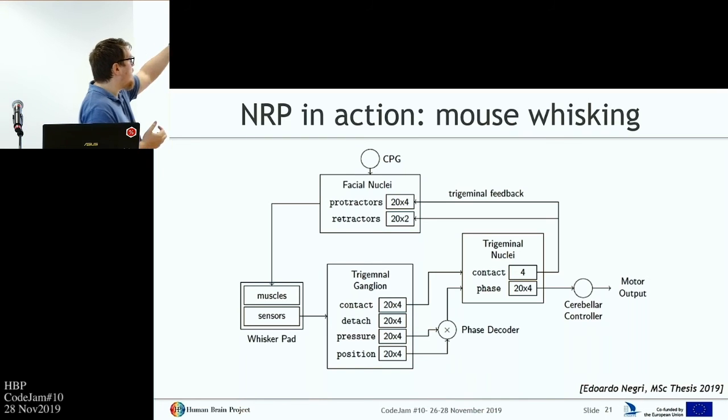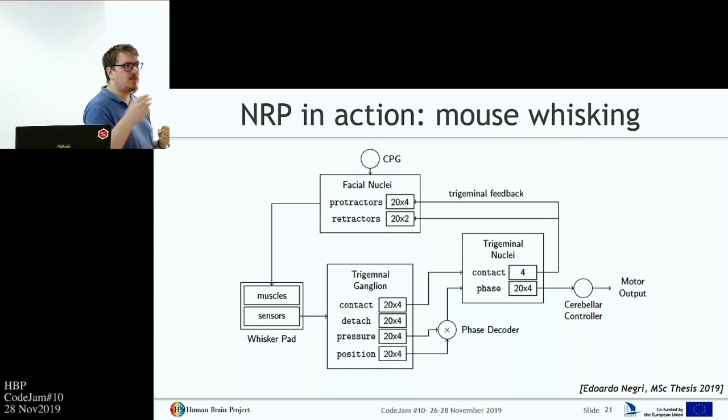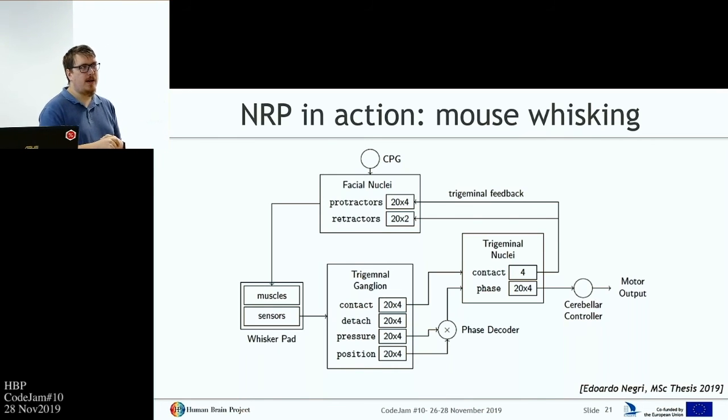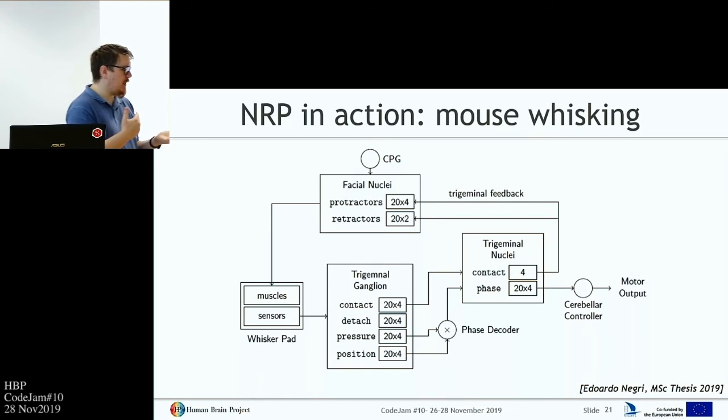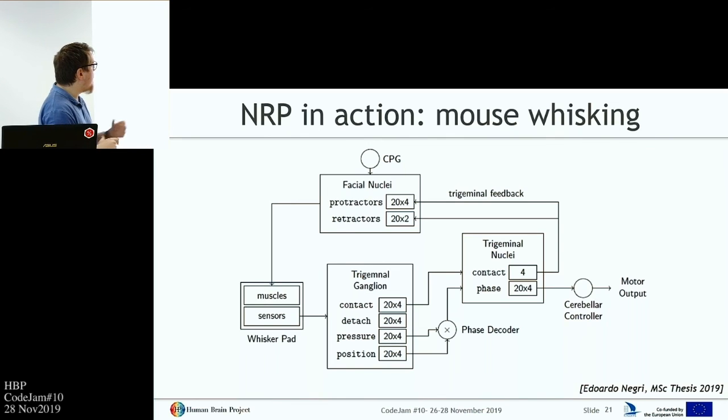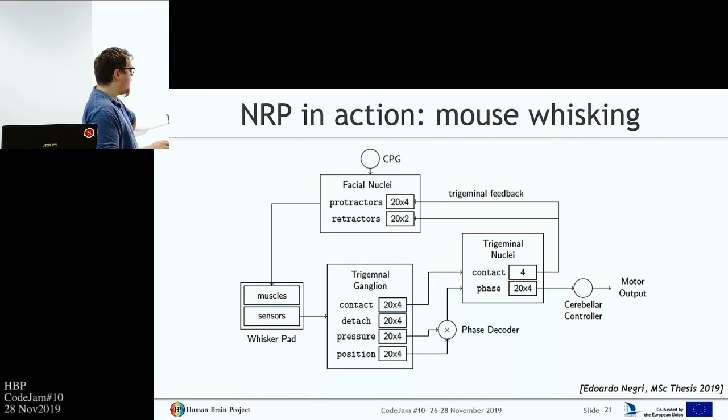So we have a central pattern generator that generates the sinusoidal signals, because the whisking in the mouse is also a sinusoidal signal that is linked to the breathing rate. Then we have protractor and retractor nuclei that go to the muscles, and then we have all the different sensors for the whisker.